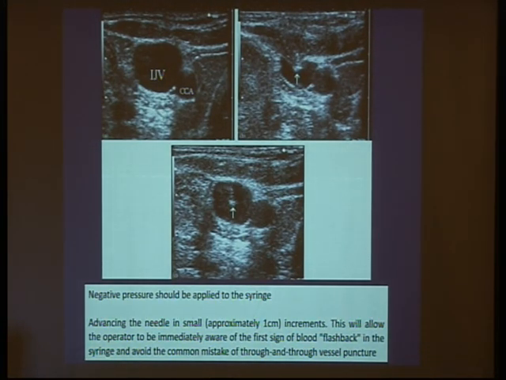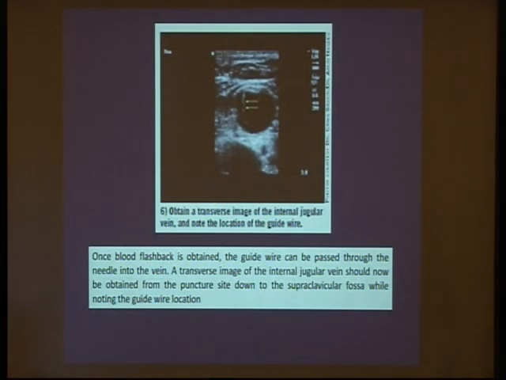Apply negative pressure in order to determine whether you are inside the vein. Not only the needle could be seen, but also the guide wire could be seen.